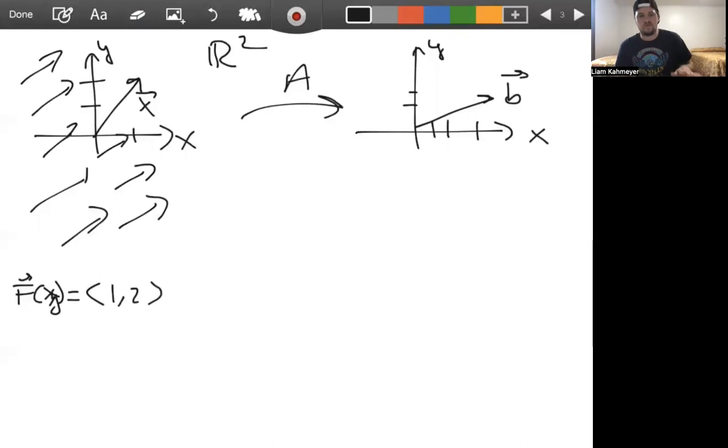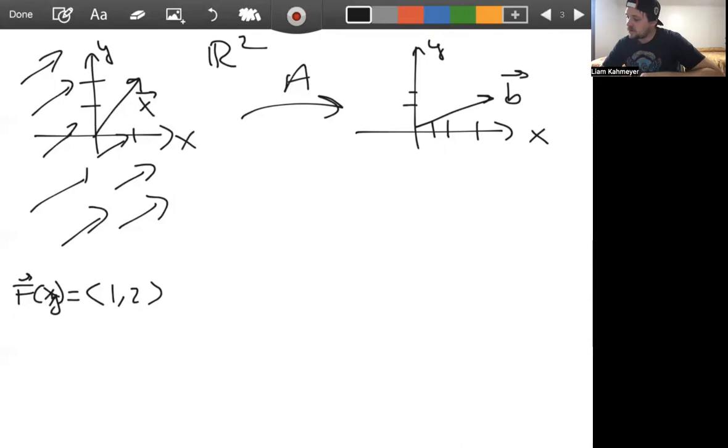A linear transformation would be doing this: you think about a vector field as something you lay on top of the xy plane, and the transformation A is pressing it towards the x-axis and then stretching. You can imagine the entire vector field laid on top of this xy plane being transformed, rotated and then stretched or compressed based on the matrix. And that's exactly why we call it a transformation here.